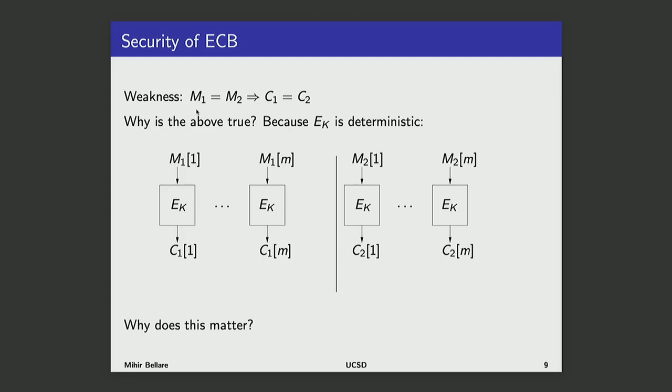So the weakness in it is very fundamental. It's not got something to do with exactly how the block cipher works, but just the fact that because it's deterministic, if you twice encrypt the same message, you'll see the same ciphertext. Well, of course you will. You have this message, you repeat it here, and since you haven't changed the key, the outputs will be the same.